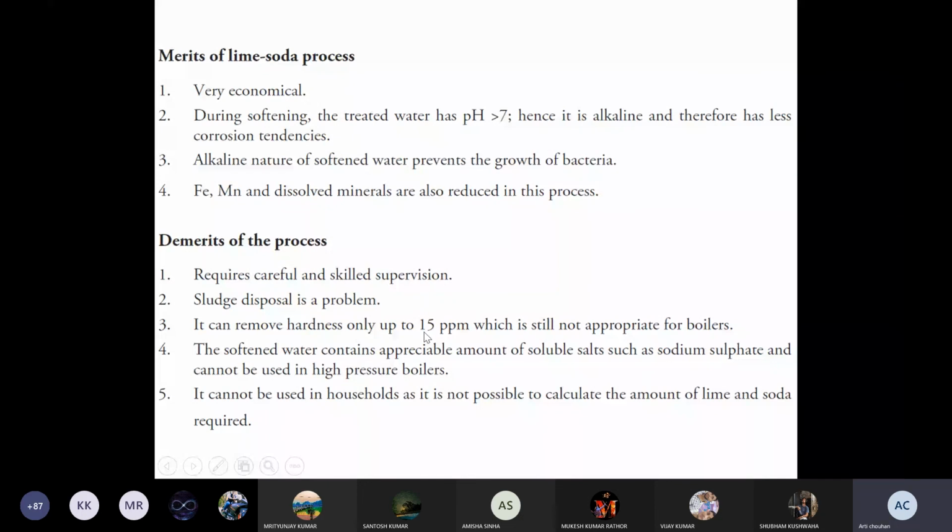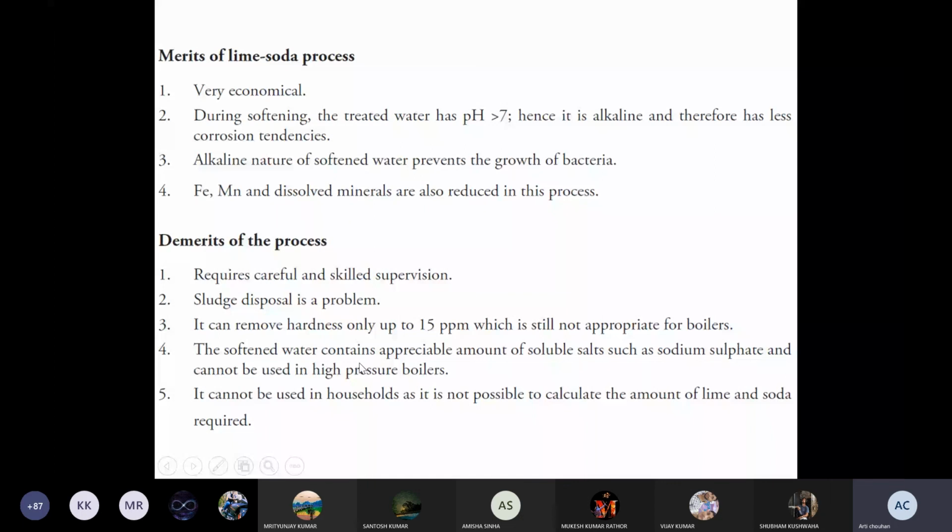So the lime and soda process is very economical. But if the boiler's requirement is different, or requires very soft or demineralized water, then you have to opt for different kinds of processes, the demineralization processes like zeolite and ion exchange. Softened water contains an appreciable amount of soluble salts such as sodium sulfate, so it cannot be used in a high pressure boiler.